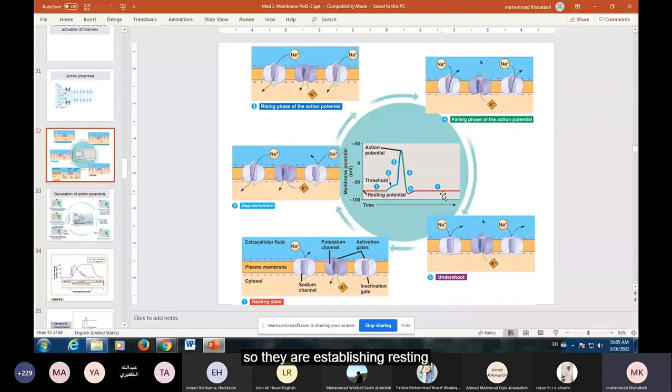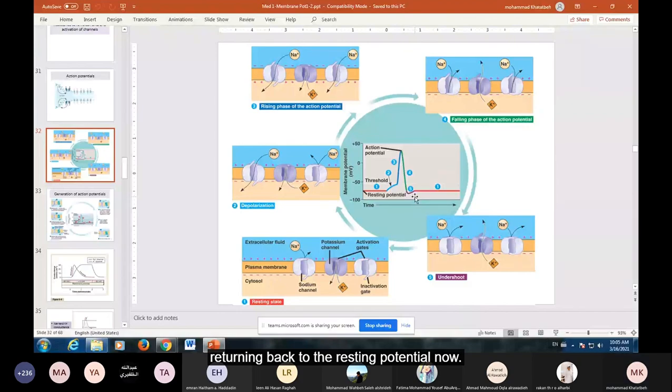They establish a resting membrane potential negative inside with regard to outside, meaning that these cells are polarized cells. So that phase is returning back to the polarization state, and because of that, we call it repolarization. Some literature calls phase 4 the falling phase of the action potential, returning back to the resting potential.